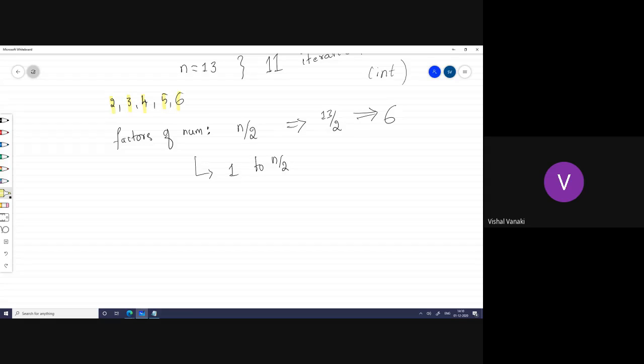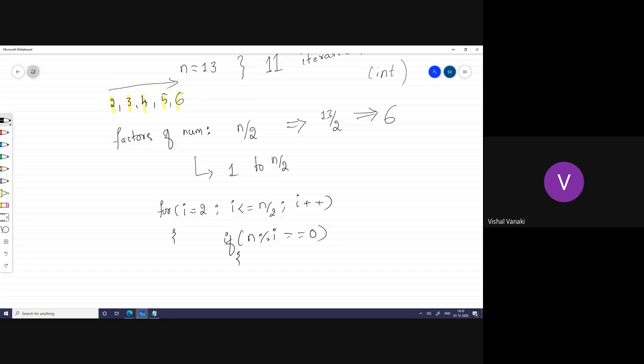So I need these numbers, 2 to 6. How can I construct it? I will take one loop starting from 2, going up to n divided by 2, with i plus plus. Inside this loop I will check a condition: if n mod i is equal to 0.